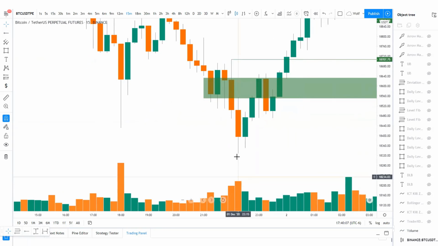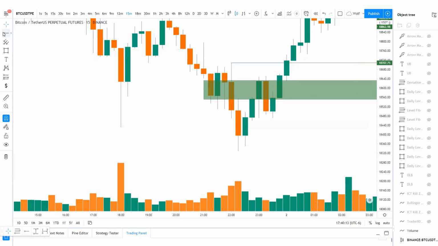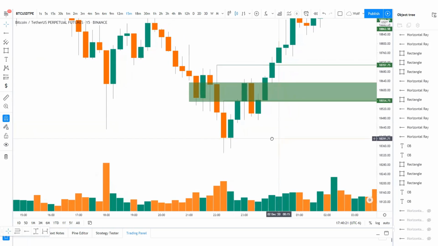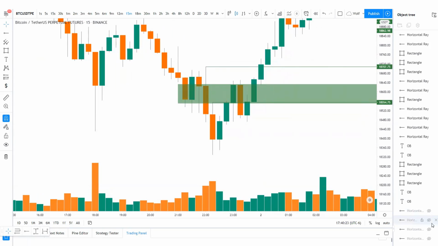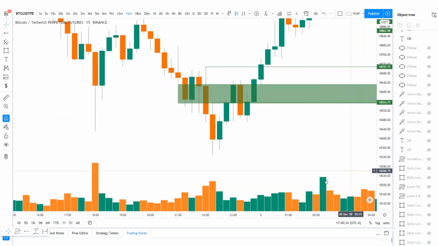I'm looking where the most energy was. In any order block, I want to identify if there was any high energy in it. I definitely want to identify the candles that contain that energy, and those are most likely to be hit on the inside wick. Those tend to be very responsive.